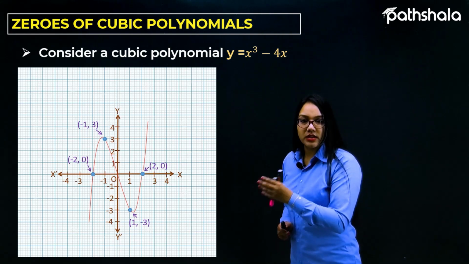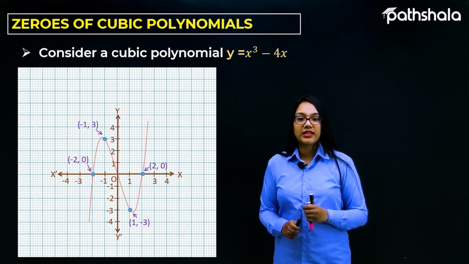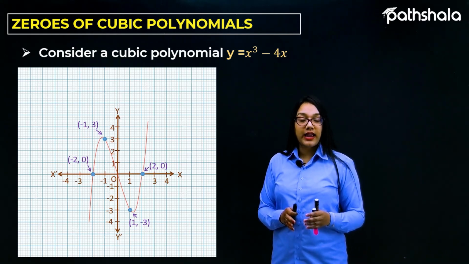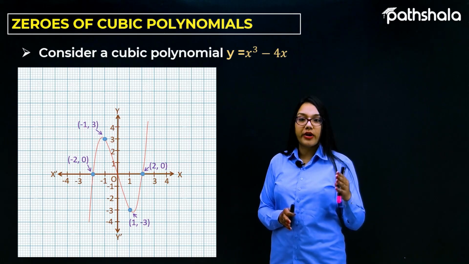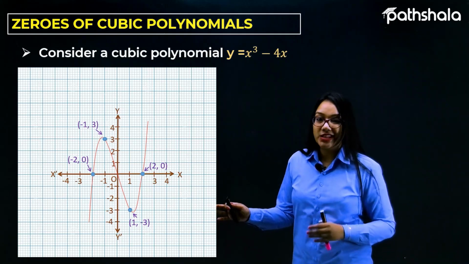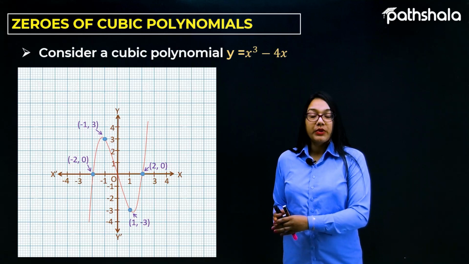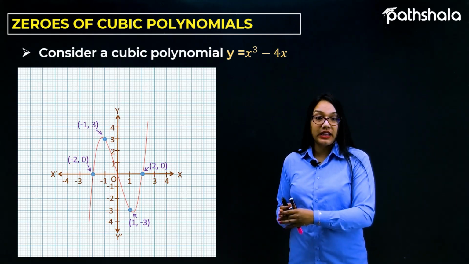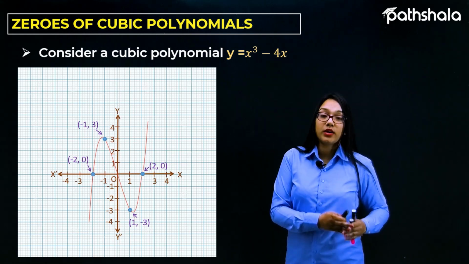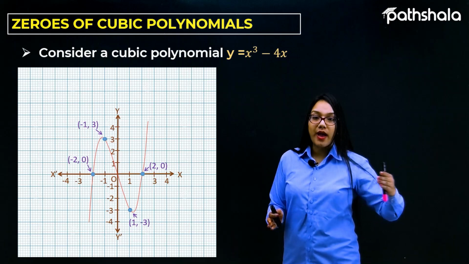From this graph, we can say that the curve is actually intersecting the x-axis at 3 points. What are those 3 points? The 3 points are (-2, 0), (0, 0), and (2, 0).